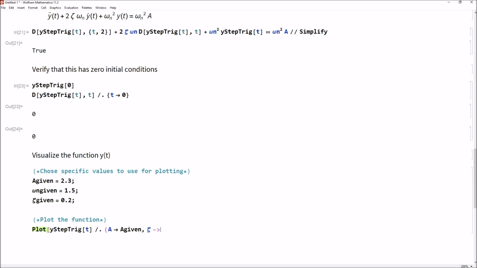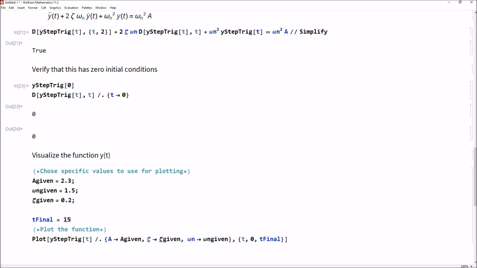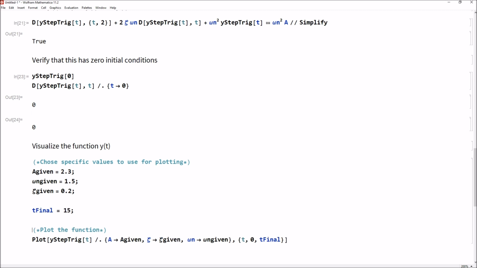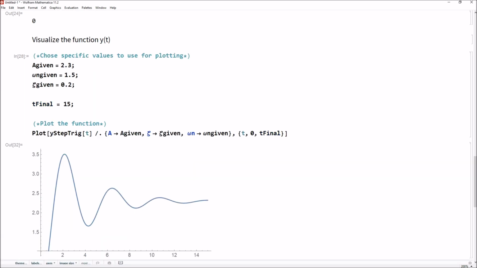Zeta is going to be zeta given, and omega n is going to be omega n given. And let's plot this thing from t equals 0 to some t final. Maybe we should define that up here. T final, I don't know, 15 seconds or something like that. Okay, great. So if we do this and shift enter this, here we are.